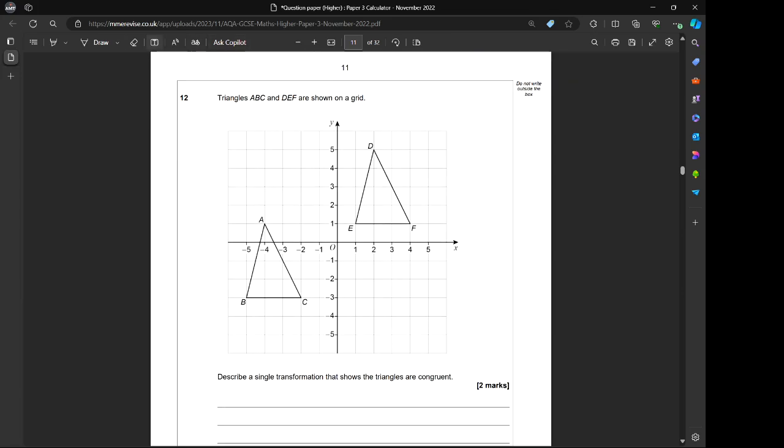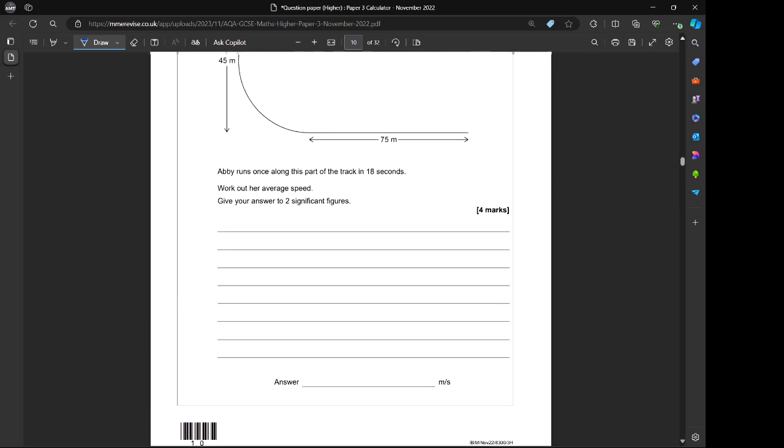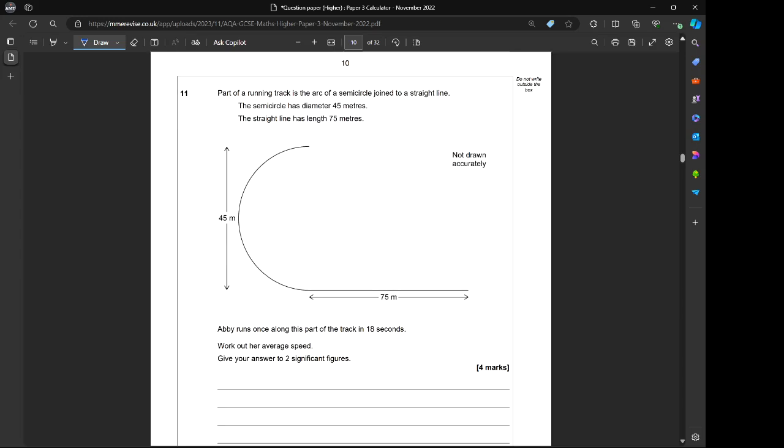Triangles ABC and DEF are shown on a grid. This one actually requires the actual paper. Should we do it? I don't mind actually.